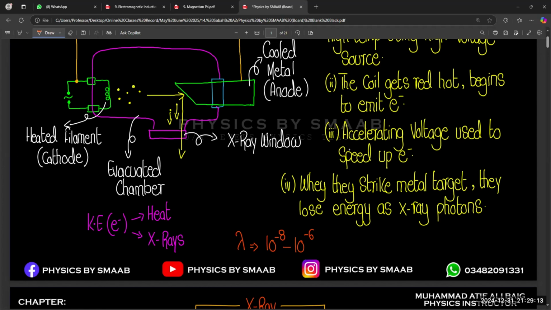So this is the concept for the production of X-rays, how X-rays are going to be produced and how we will get the results from the X-ray. And further, we already studied the velocities of electrons in electromagnetism and electromagnetic induction, so we can use those equations directly.